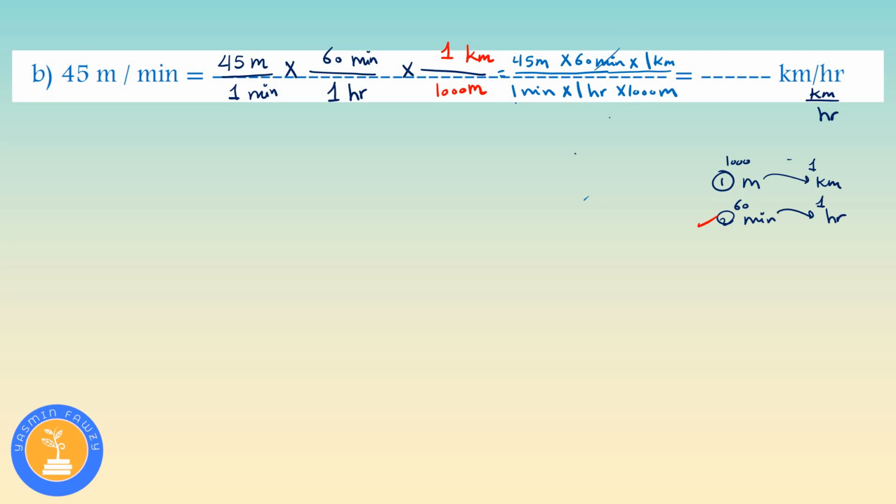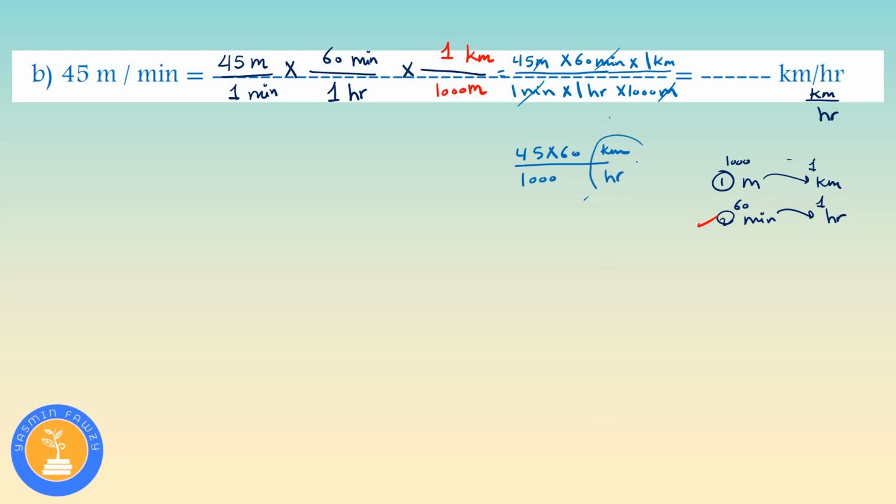Yes, I can cancel minute by minute. I can cancel also meter by meter. Anything else to cancel? No, I don't have. So now the new fraction will be 45 times 60 times 1 kilometer, okay? And down we have 1, I can cancel it, hour, and times 1000. So 1000 times what? Hour.